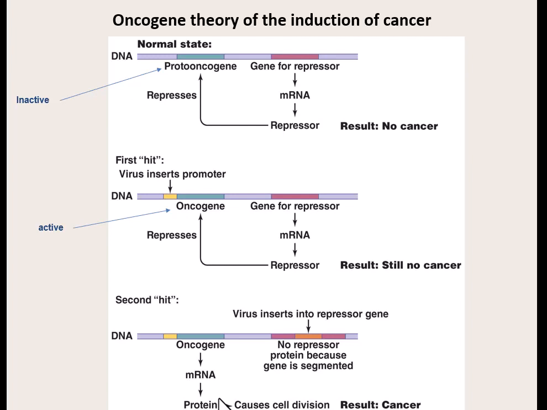Anything that has pro or proto in it, it means it's inactive. It's not doing anything anymore. And so a proto-oncogene is a gene that can cause cells to divide, cancer, but it's inactive because it's not doing anything. And so this is our normal DNA, and it's got genes. Genes are just snippets of DNA.